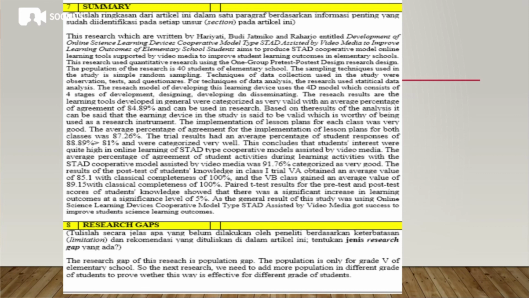So according to me, these are the summary and the research gaps. The research gap of this research is population gap. The population is only for grade 5 of elementary school. So the next research we need to add more population in different grade of students to prove whether this way is effective for different grade of students.